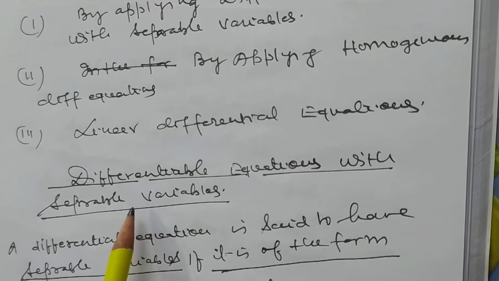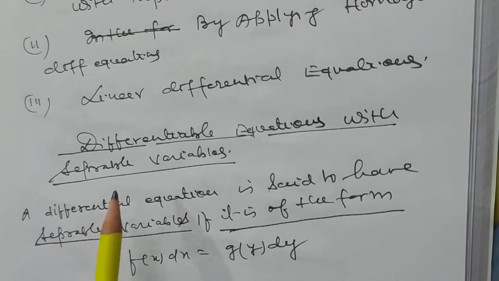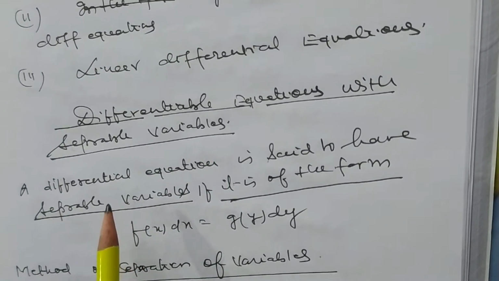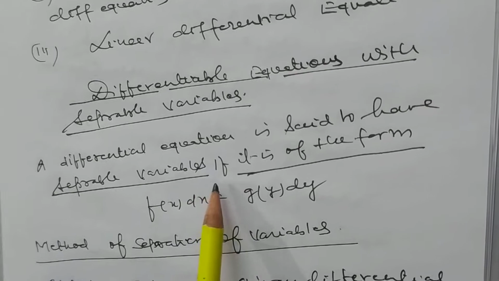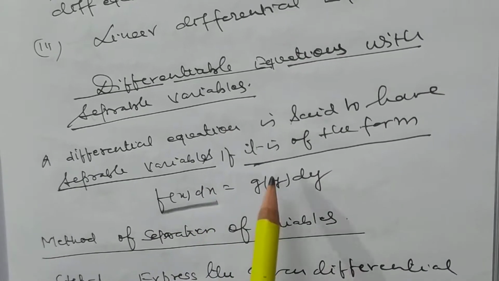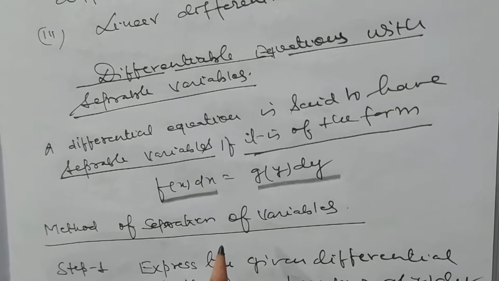Now, how will you solve the problem of a differential equation with separable variables? A differential equation is said to have separable variables if it is of the form function of x with its differential coefficient and function of y with its differential coefficient.